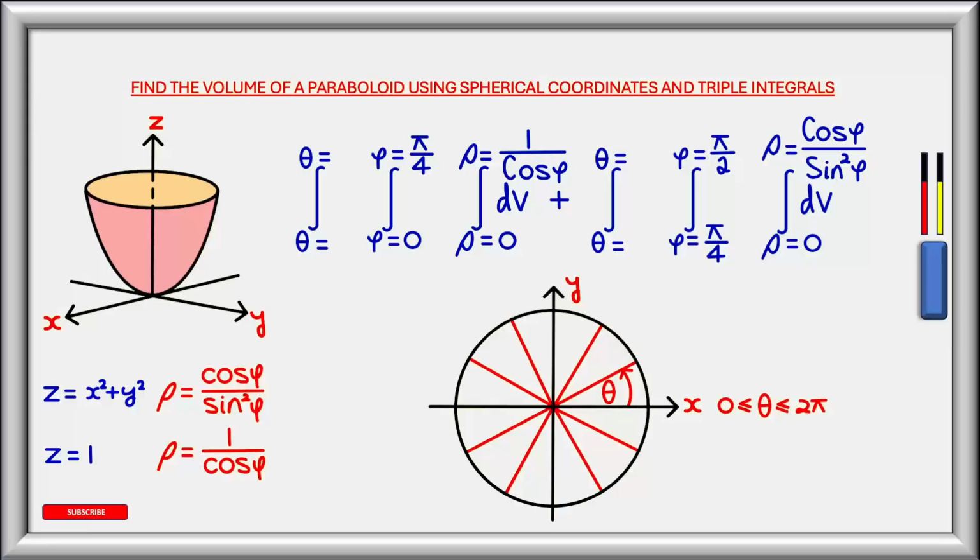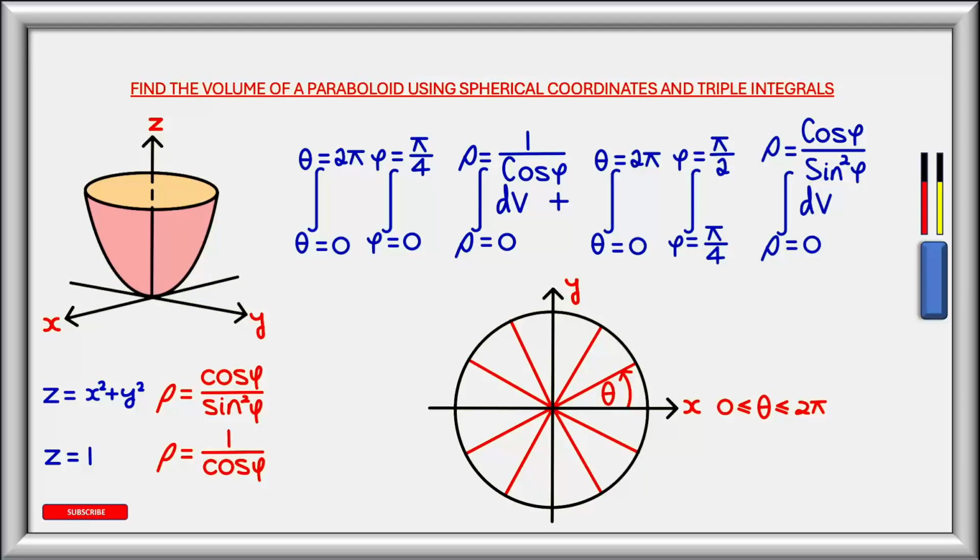In this case, theta begins at 0 and goes full circle, which equates to 2 pi radians or 360 degrees. And therefore, in each of the triple integrals, the lower limit of integration for theta is 0 and the upper limit of integration is 2 pi radians.